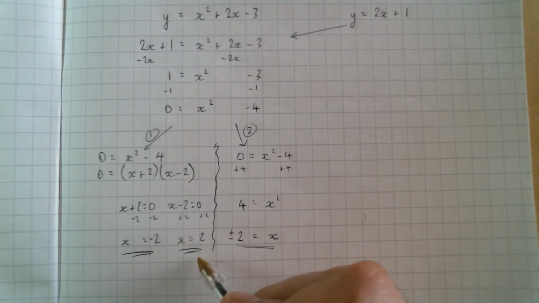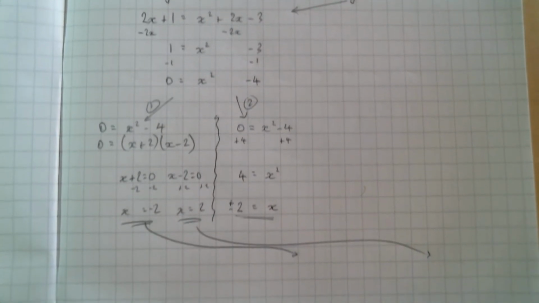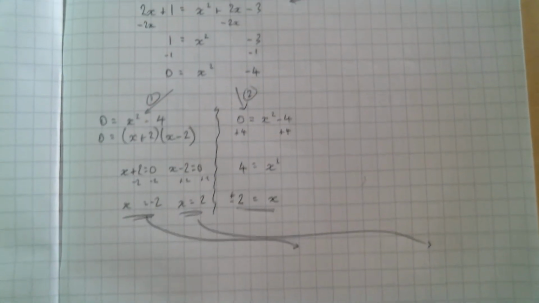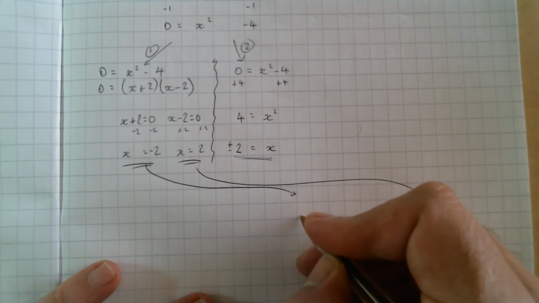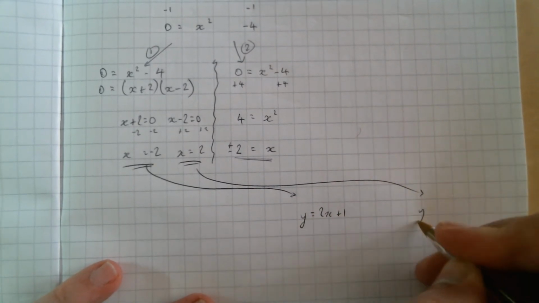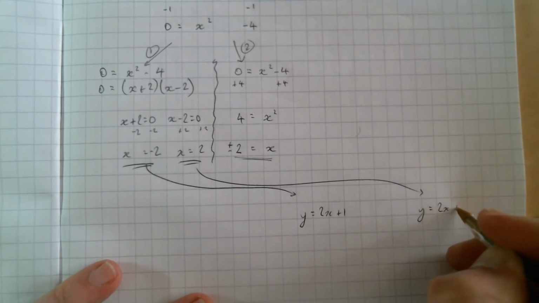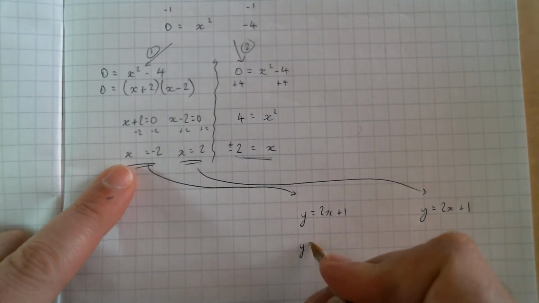Once you've done that, you're then going to pull these into the right-hand column of working. We know that y equals 2x plus 1. And we have to work with x equals negative 2 from here.